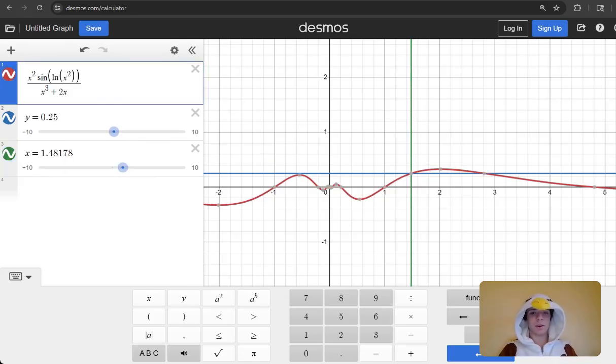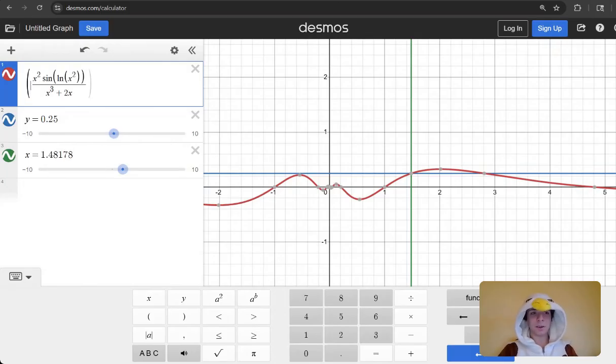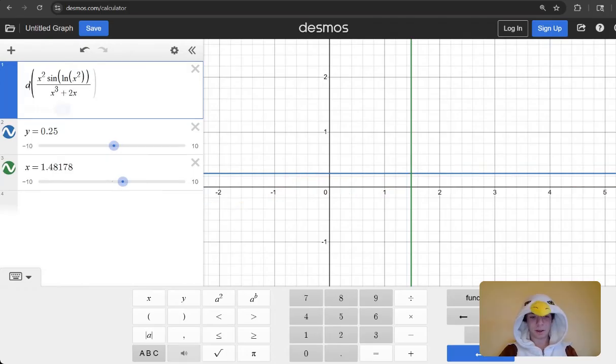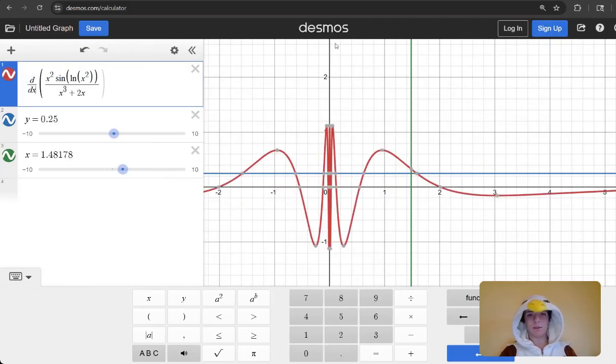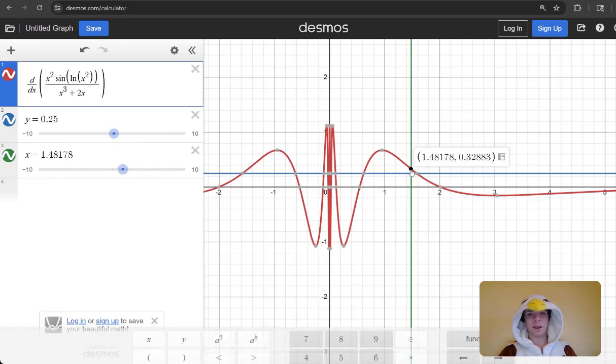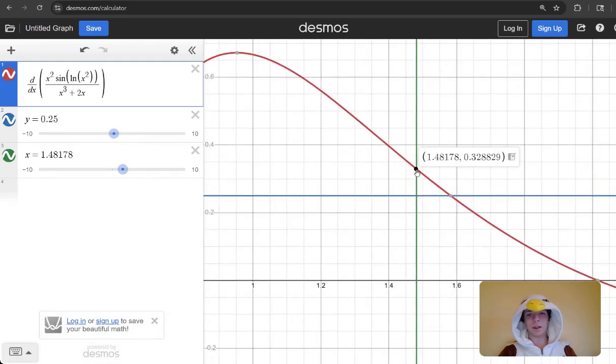Now there's two ways you can find the derivative of this. If you put this function in parentheses and just type in d over dx, that will give you the derivative. And now we use our line that we inputted, x equals 1.48178, and zoom in to where the derivative intersects this line.